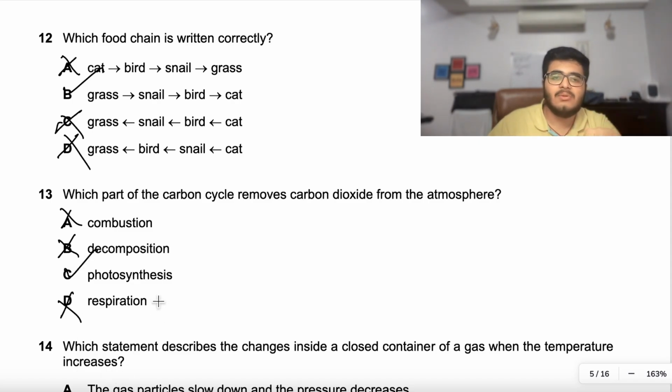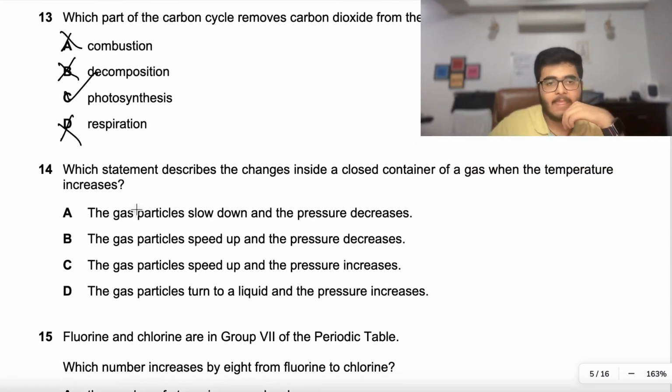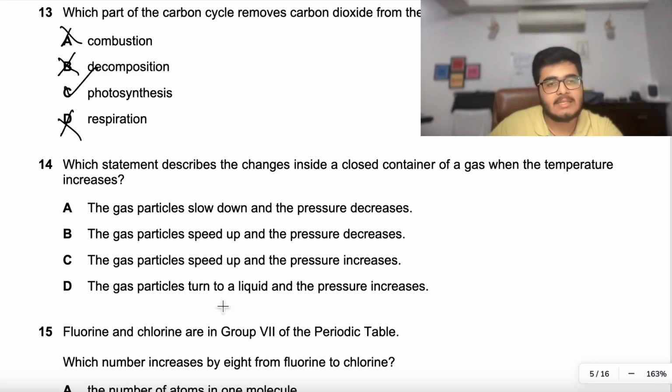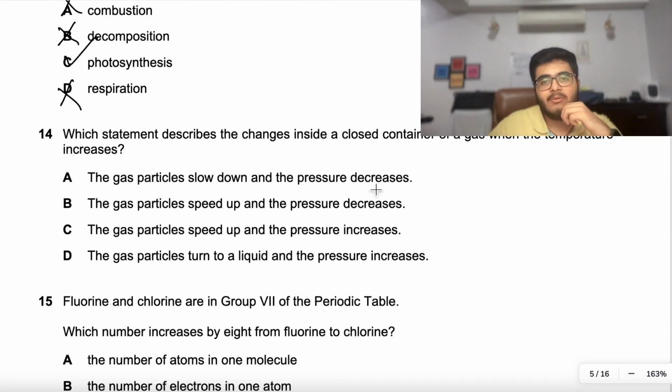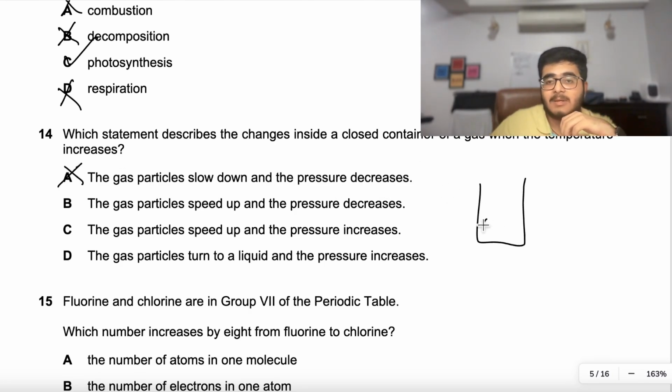Photosynthesis, where CO2 is a reactant and oxygen is a product. Question number 14. Which statement describes the changes inside a closed container of a gas when the temperature increases? Let's see. The gas particles slow down and the pressure decreases. No, the temperature is increasing. So what will happen is the gas particles will gain kinetic energy. They'll start vibrating more.